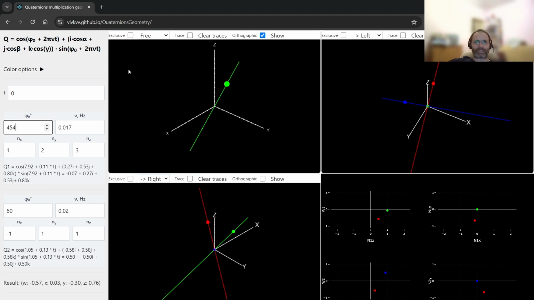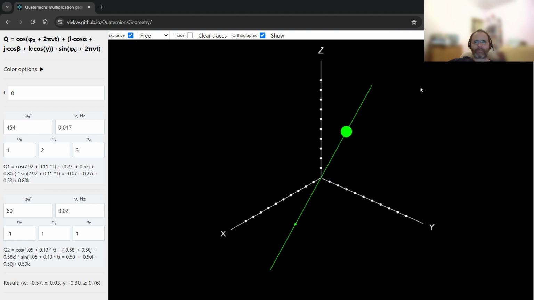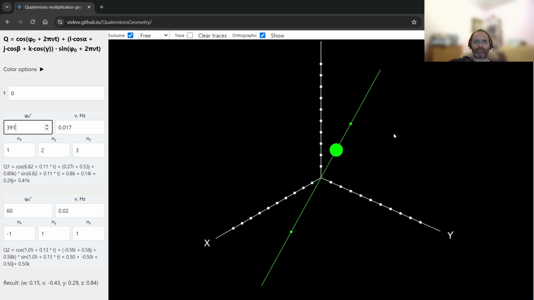Let's return to exclusive mode again. There are also these small dots. They mark the boundaries of the three-dimensional unit sphere.